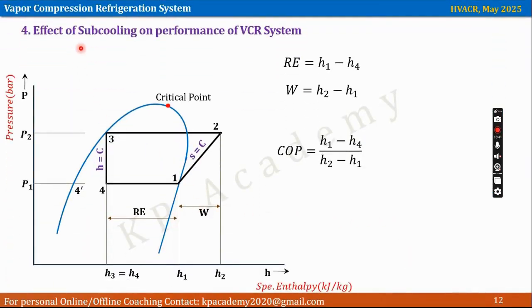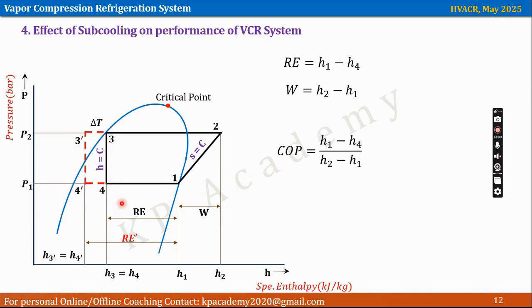Now, finally, the effect of subcooling on performance of the VCR system, right? Subcooling means dropping the temperature of the refrigerant in the condenser from saturation temperature to the 3 dash point. Okay, so that is called subcooling, and delta T is the amount of subcooling, right?